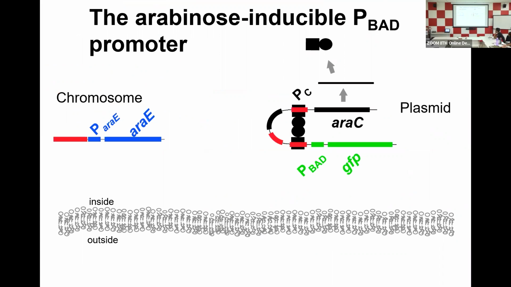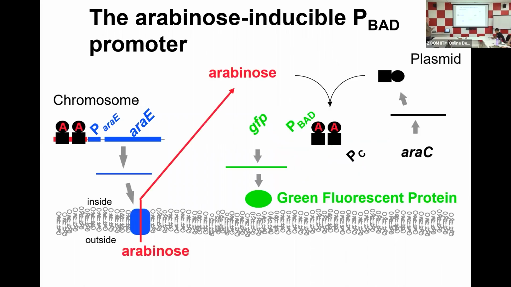Okay, and this is a very popular system for heterologous expression of genes in E. coli because it responds very well to an inducer that is arabinose, and not only that, but the response is also very linear.